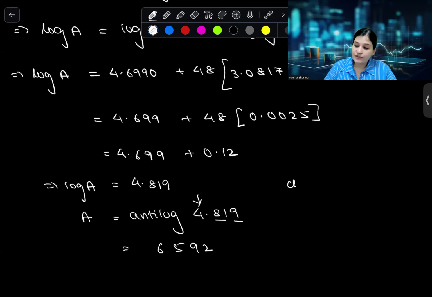Since the characteristic is 4, the decimal will be after 5 places. So at the end, we need to write another 0 because we have fewer digits. This will be rupees.